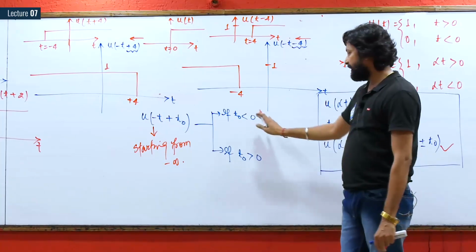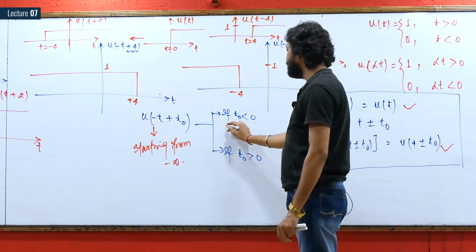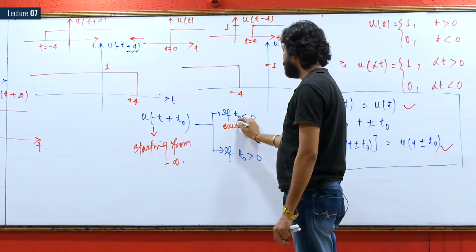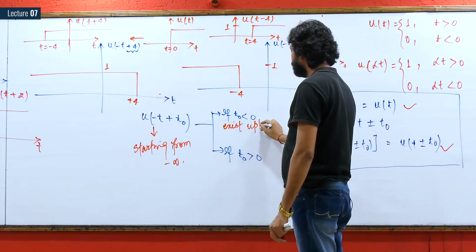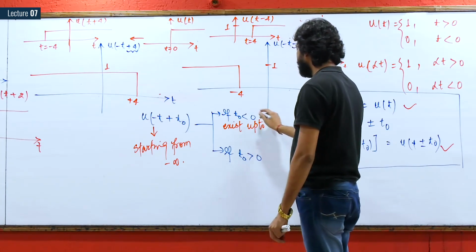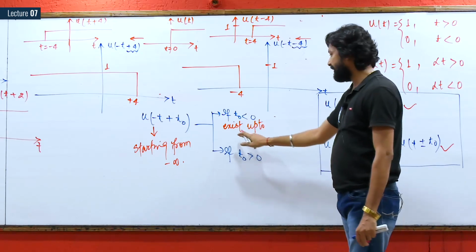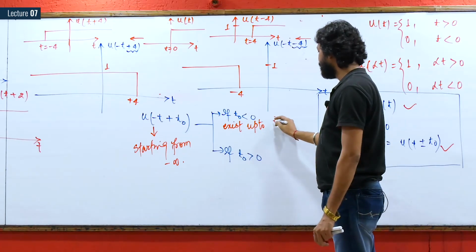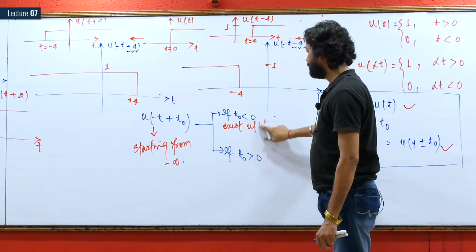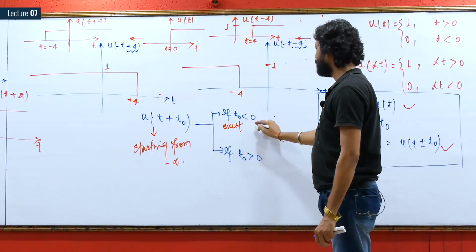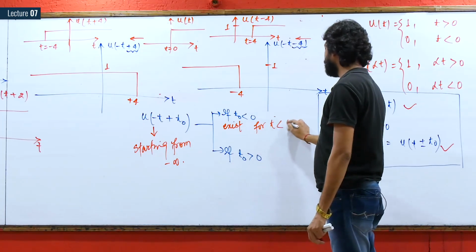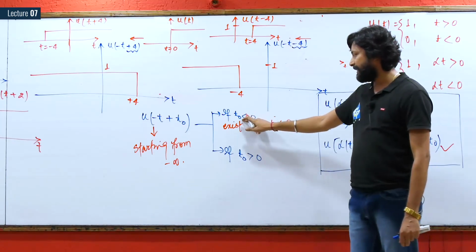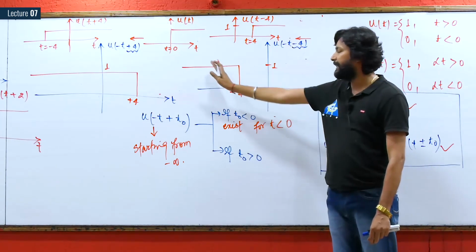But the function will be terminating, that is, will exist up to, if t naught is negative, then for t less than 0 only. It means if t naught is negative, then the function will be terminating in the negative half only.